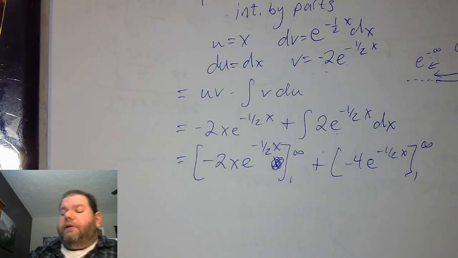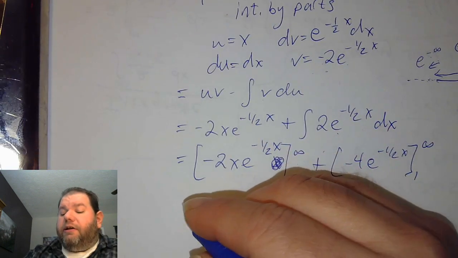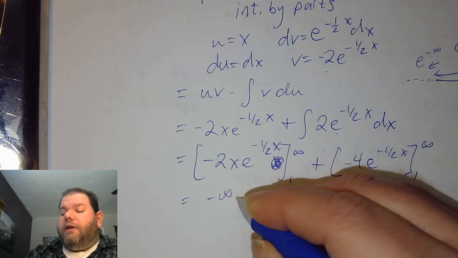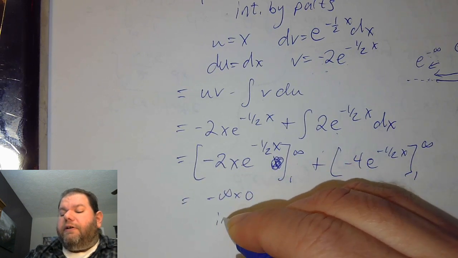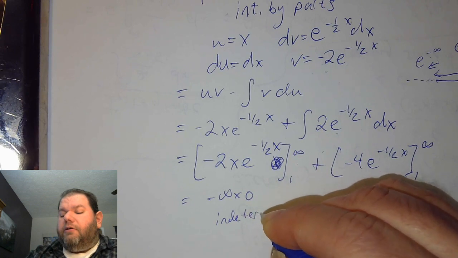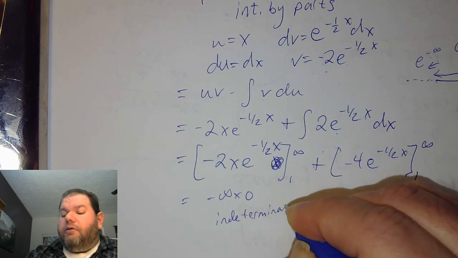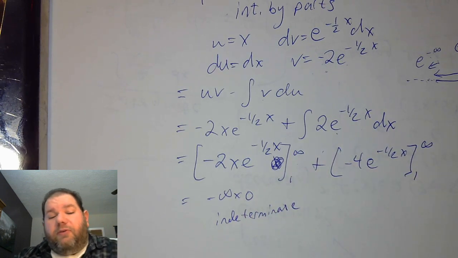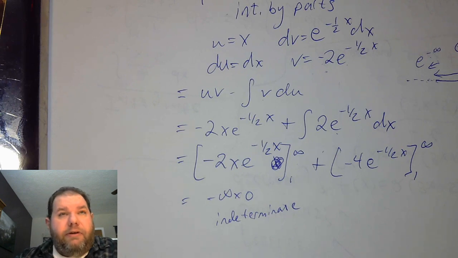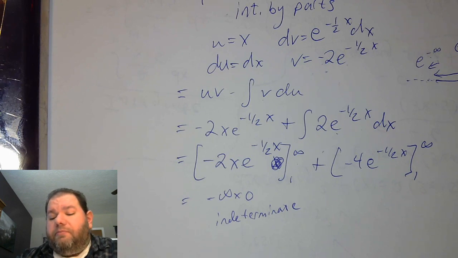So what happens here, if we plug in infinity, is we get negative infinity times 0, which is indeterminate. That means we cannot determine the value of that as we currently have it, but we can move things around and turn it into a L'Hopital's rule problem.